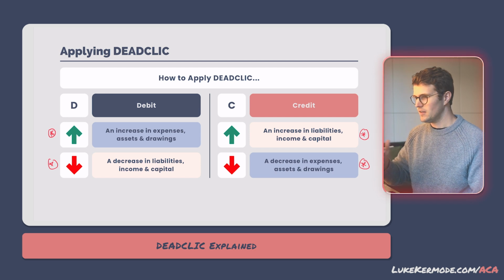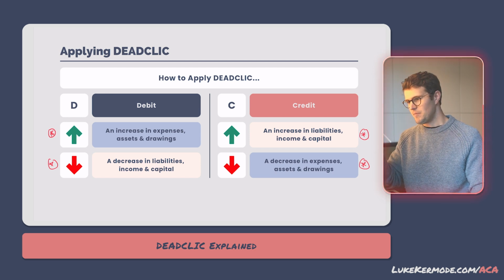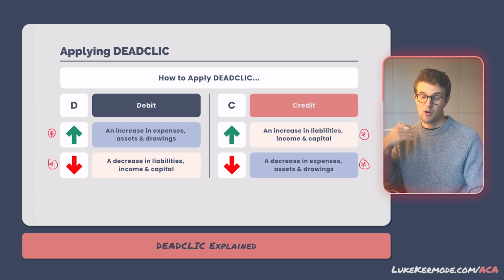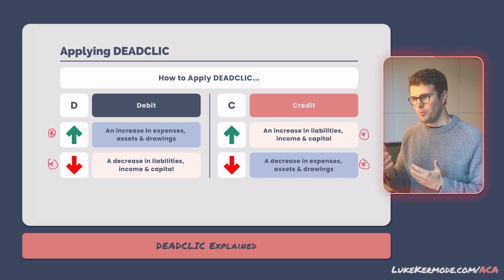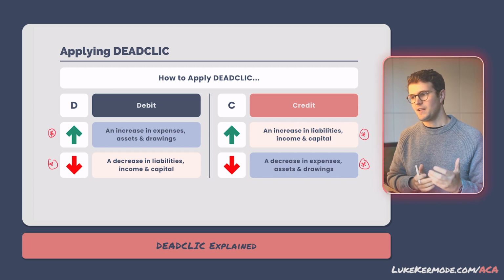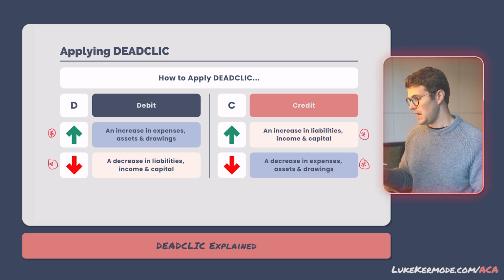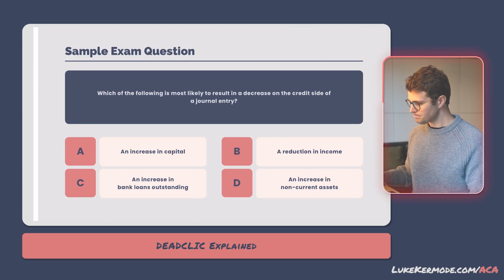By following these four rules in your exam, and by remembering DEADCLIC, you will have a really solid grounding to help you decide how to record different types of transactions accurately in your ledger accounts.